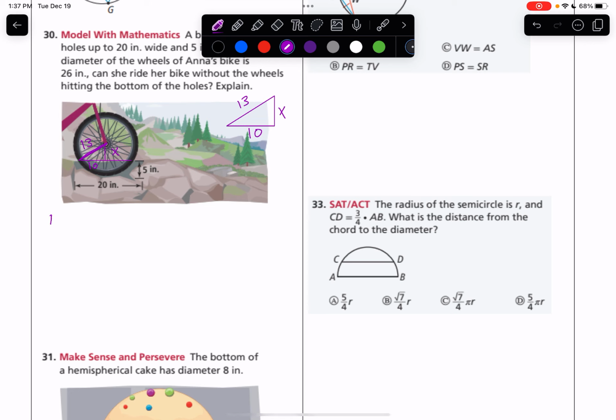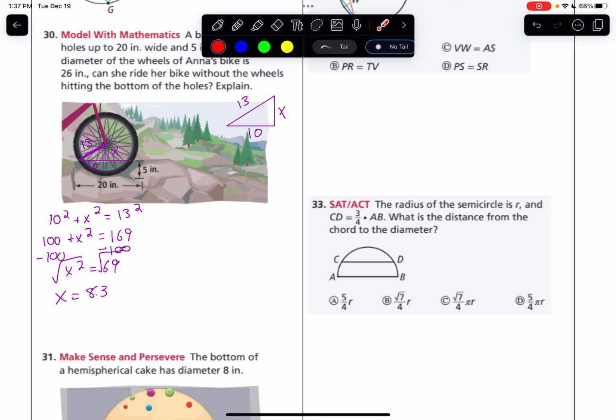So I've got 10 squared plus x squared equals 13 squared. So 100 plus x squared equals 169. Solve that. x squared equals 69. Take the square root of both sides, and x equals 8.3 roughly. So then what I can do is I can say, okay, out of the 13 inches on this bike tire, 8.3 of them are completely above the hole.